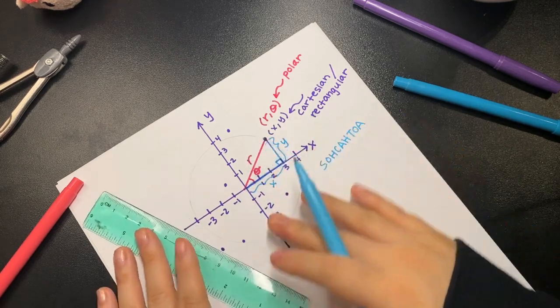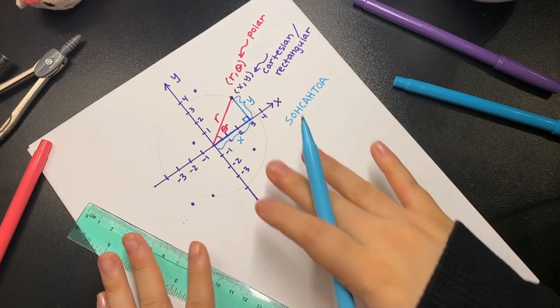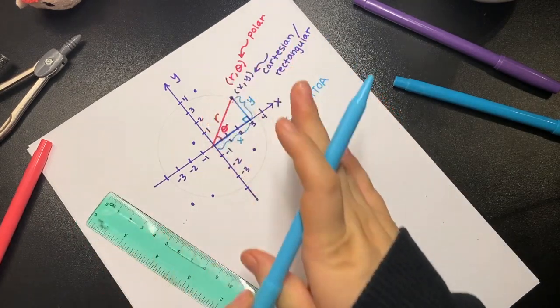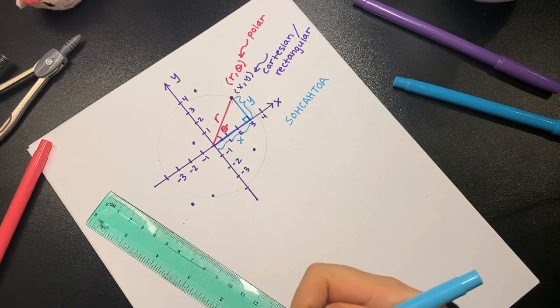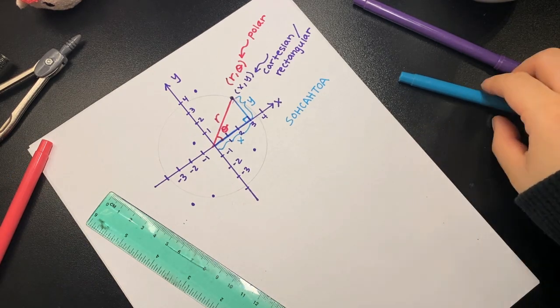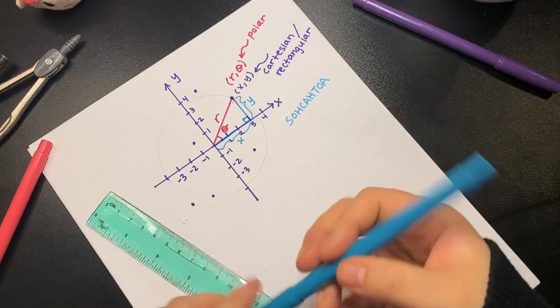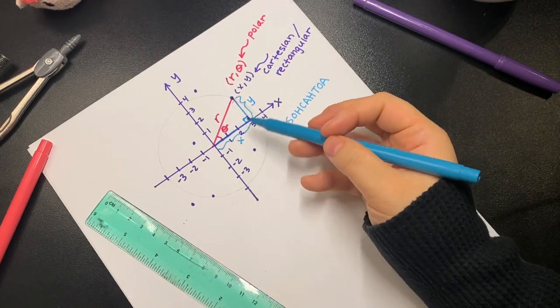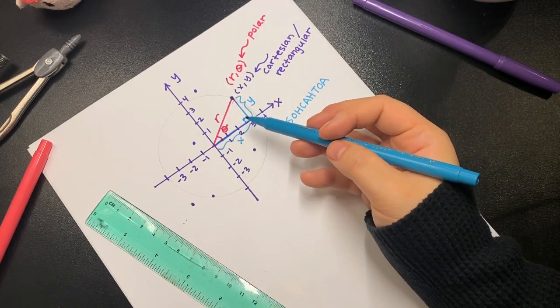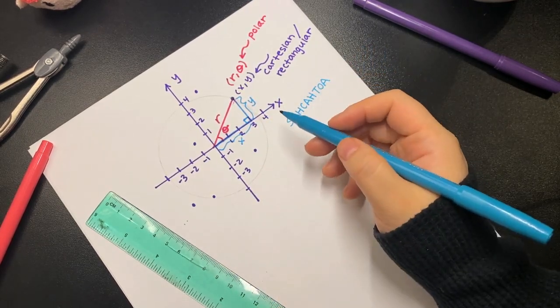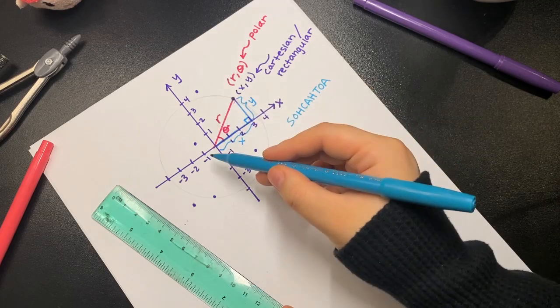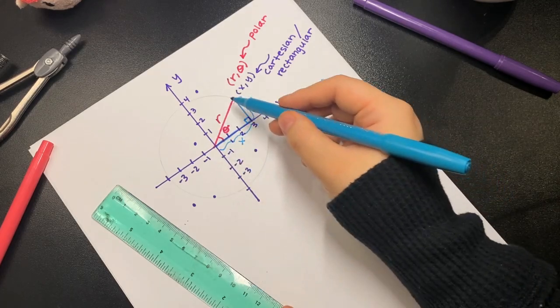is r. And so to convert between Cartesian and polar, we're just going to look at SOHCAHTOA a bit. But before we write out the SOHCAHTOA relationships, let's also note that we can use the Pythagorean theorem, because this is a right triangle.